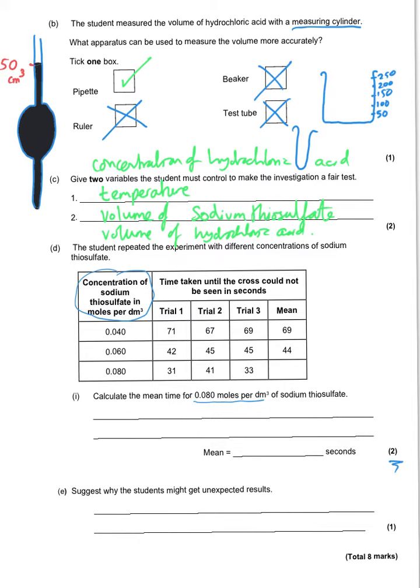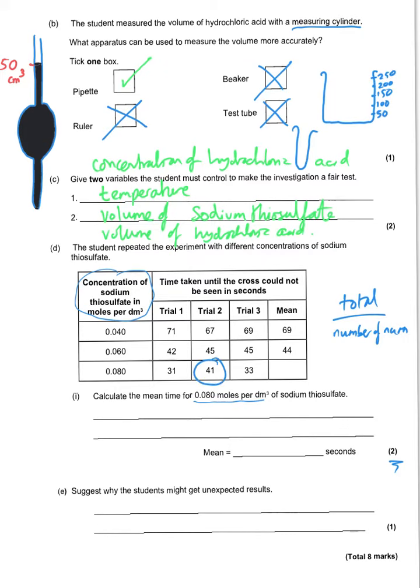So there's 2 marks here, which is at face value quite generous for a mean, because if you remember what you do for a mean is you add up all of the numbers to get a total and divide by the number of numbers. And so if you were to add up those 3 numbers, you would get a number that you could divide by 3 and you'd get 1 mark for your efforts.